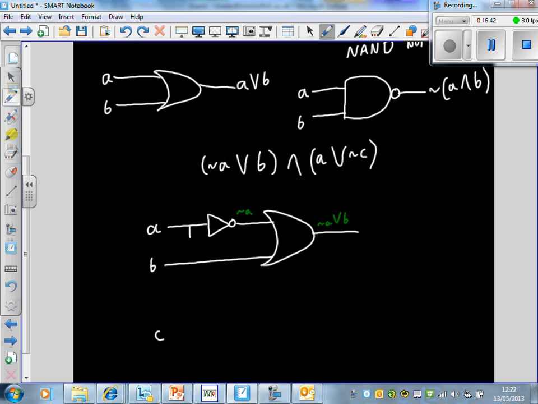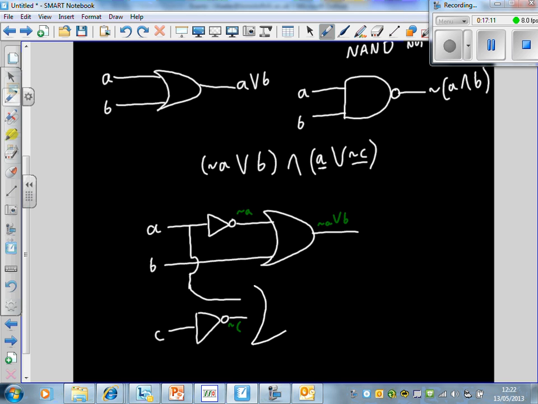Now we've got an A there, and we've got a not C. I'll put the C down there. Now what I'm going to do is draw another wire coming from A. I'm going to pretend it jumps over B, and that's legitimate notation. So there's the A, that's how we get the A. We want a not C, so C is going to go through a NOT gate, and then it's going to go round like that.